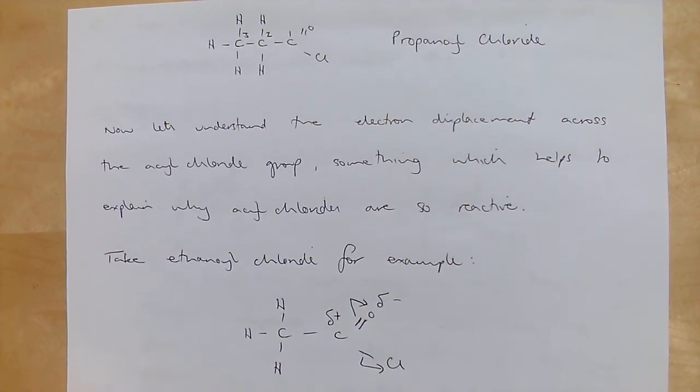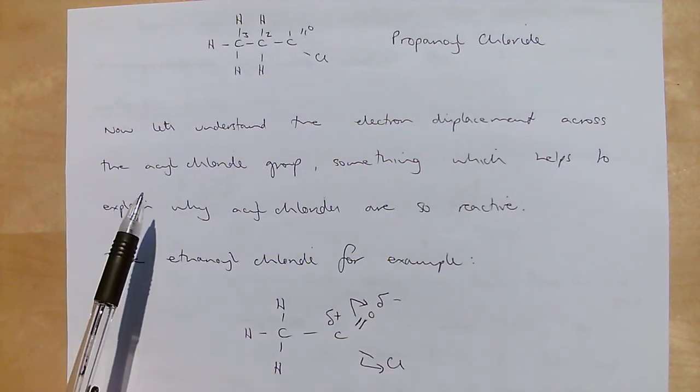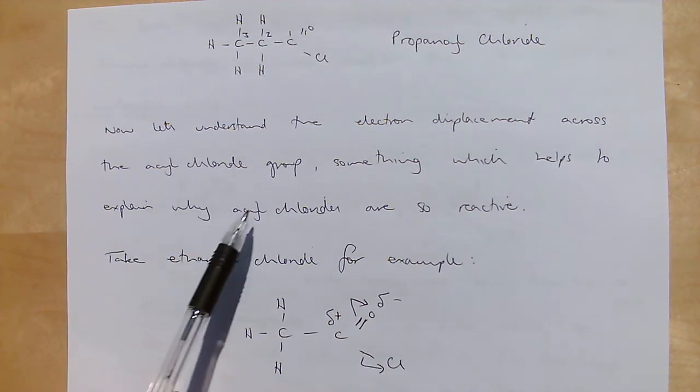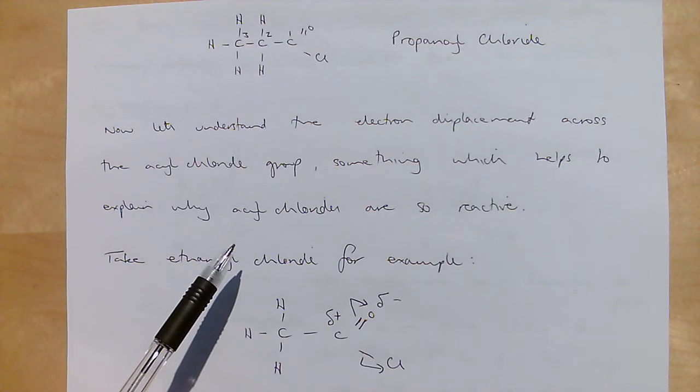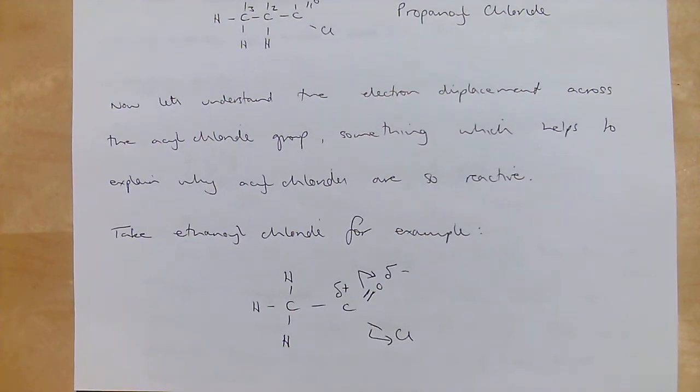Okay, right, so now let's understand the electron displacement across the acyl chloride group, and this will help us to understand why acyl chlorides are so reactive. Let's have a look at ethanoyl chloride, for example, to start with. Here I've got my acyl chloride group, my COCl group, and you'll notice that attached to this carbon I've got an oxygen.